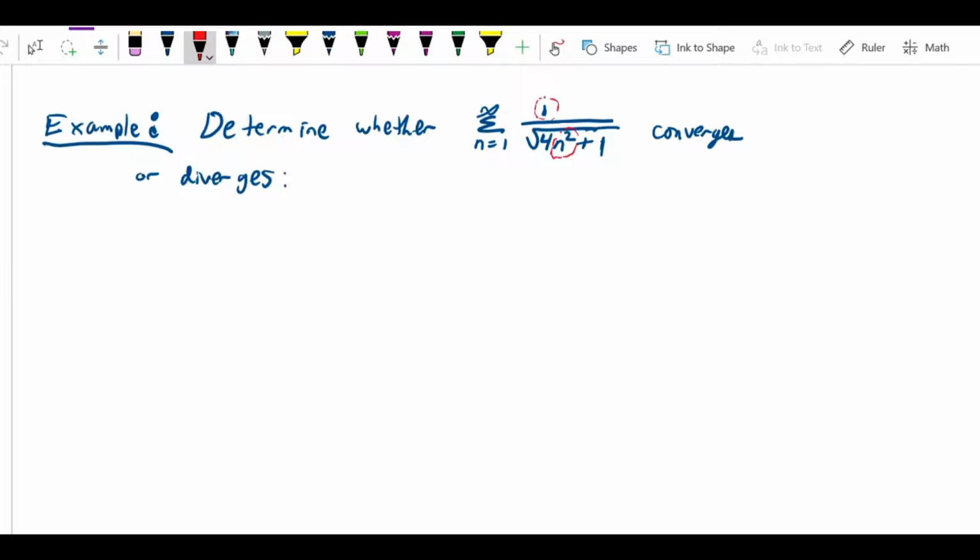We couldn't do this with the direct comparison test, where we had to form a proper inequality. For the limit comparison test, one thing that's really nice is we can ignore the coefficients. So I can say that 1 over the square root of 4n squared plus 1 is basically, and I realize that's an imprecise term, 1 over the square root of n squared, which equals 1 over n.